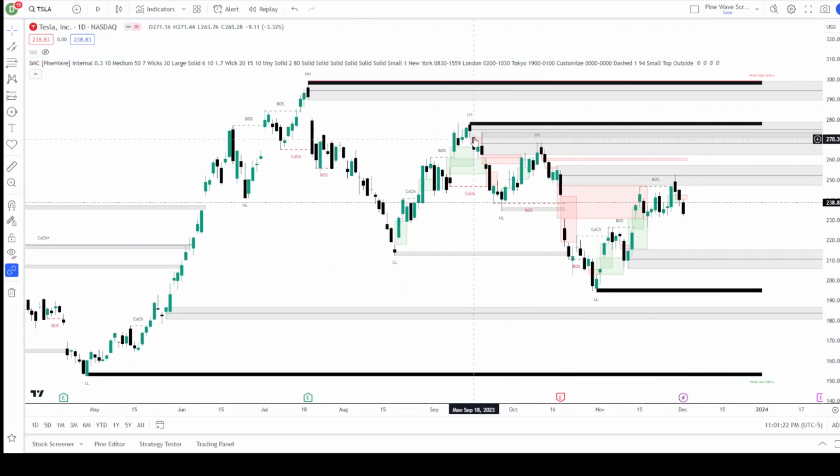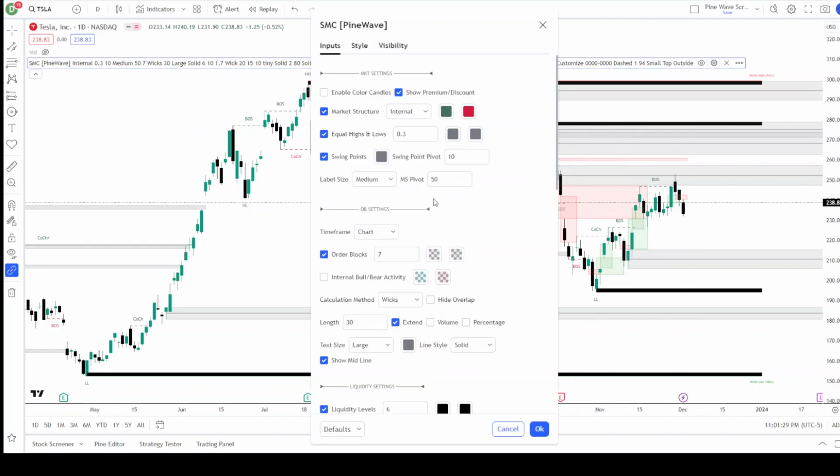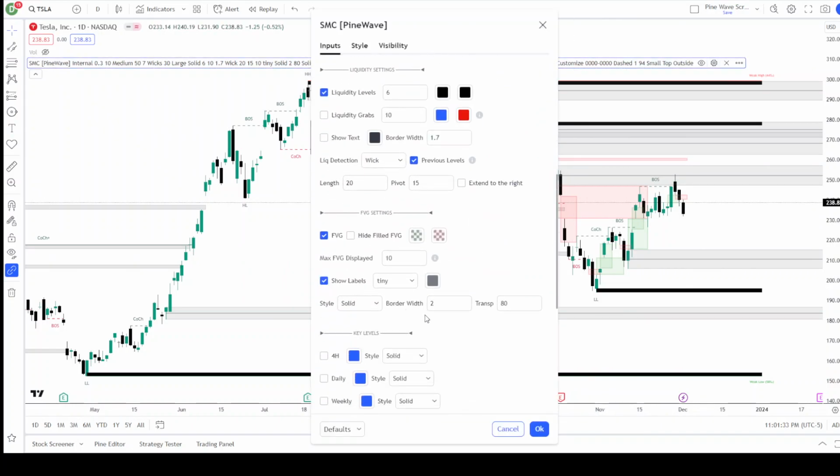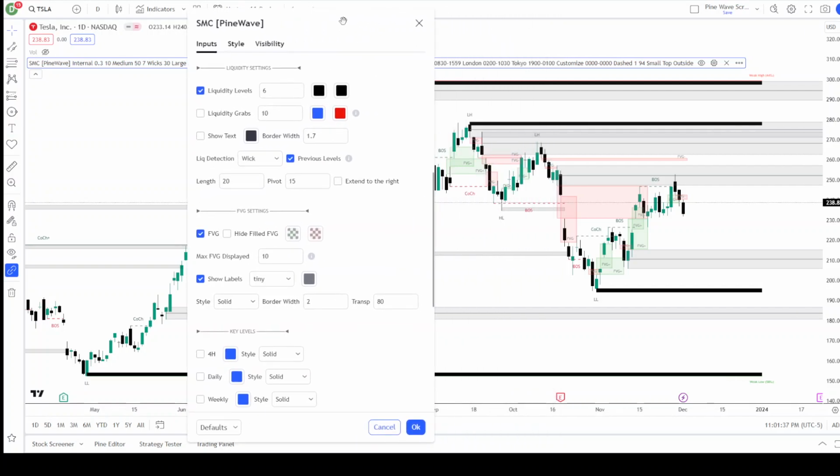Like, the fair value gaps are these green and red boxes. Let's see if we can put labels on them. Show labels. So see how it says fair value gap plus, fair value gap plus, fair value gap negative, fair value gap negative there, plus, right?